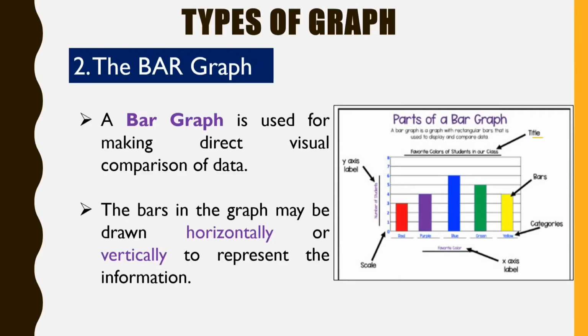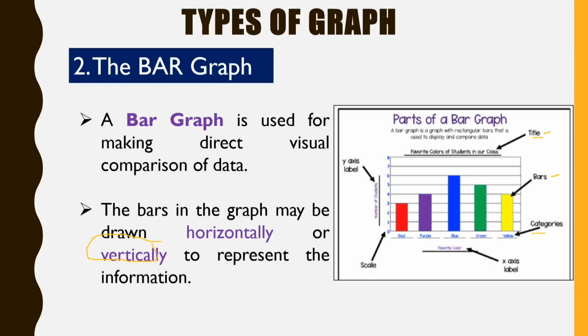We have the title. Once again, the title is very important because it is a way for us to determine what the graph is all about. We also have the bars. In this example, these bars are drawn horizontally, I mean vertically.